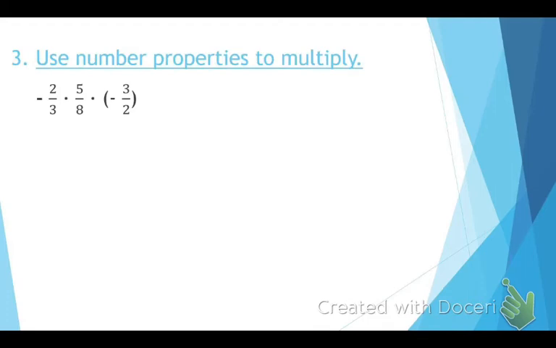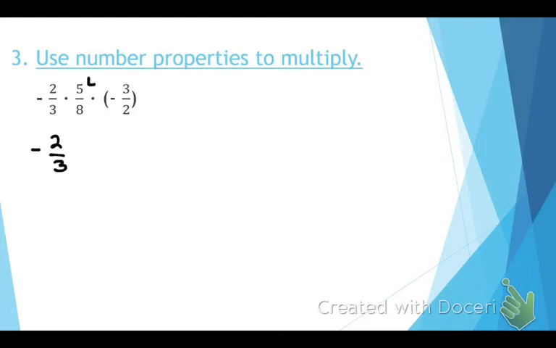Use the number properties to multiply. The number property I've taught you is the commutative property. That says you're allowed to move fractions or numbers around to help you find shortcuts. What should I move around? Rodney? 3 over 2. Very good. So here I've got negative 2/3. The reciprocal is negative 3 over 2.